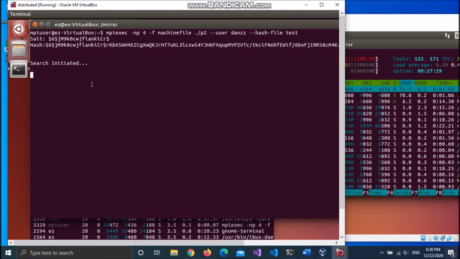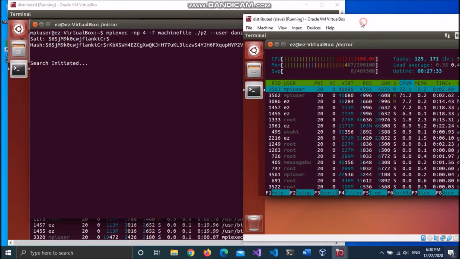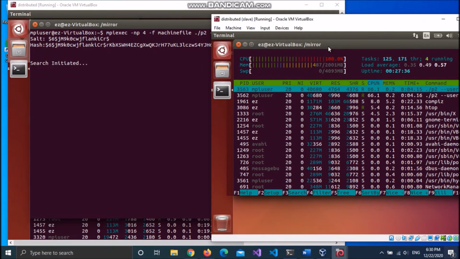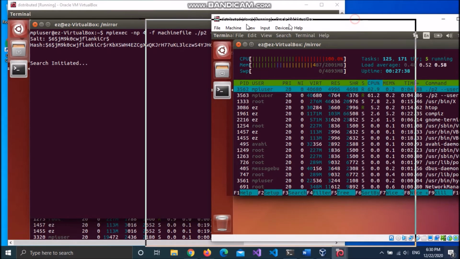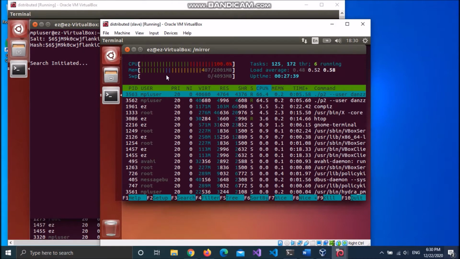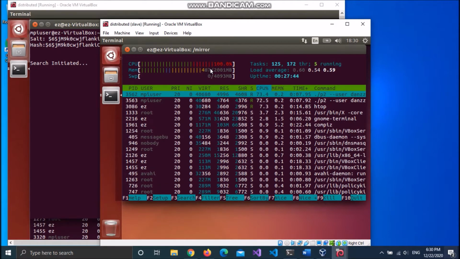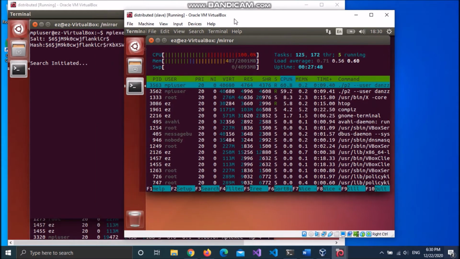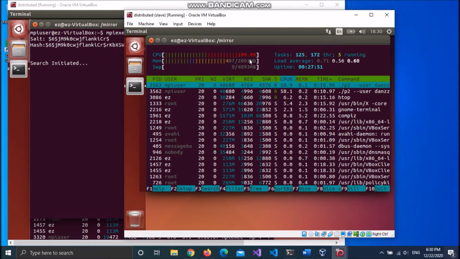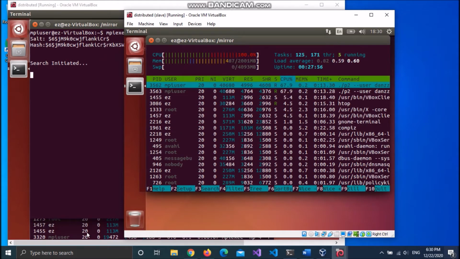As you can see, the program has initiated. I wanted to show you that as the program has executed, the resources on the slave machine are being utilized up to 100%. This slave machine has only one CPU from the host operating system, and as you can see, its utilization is 100%.